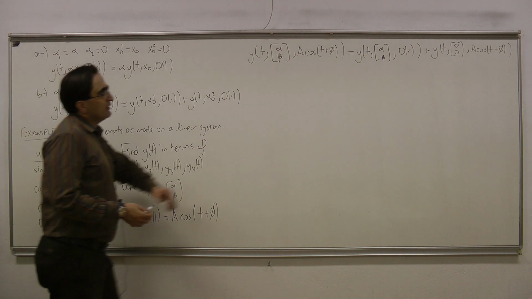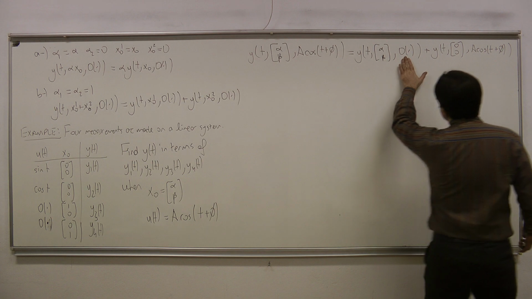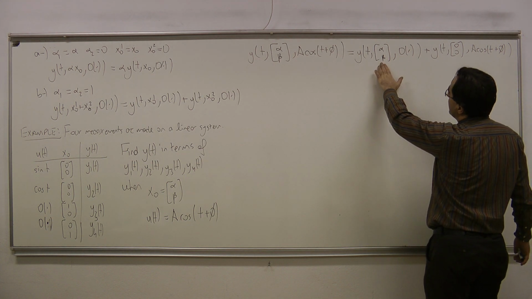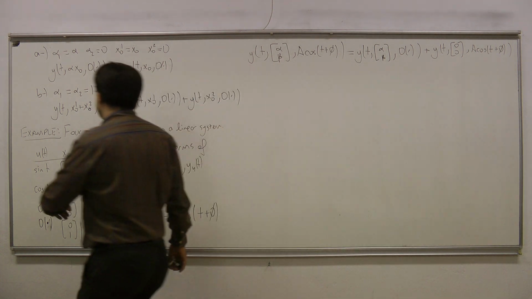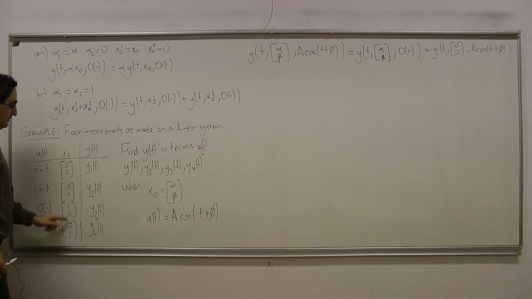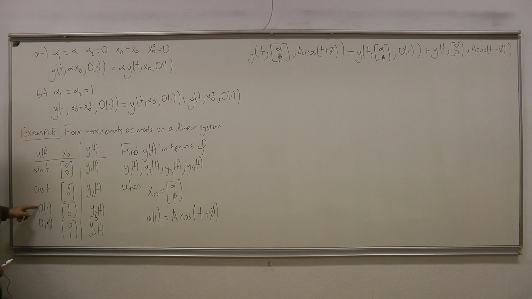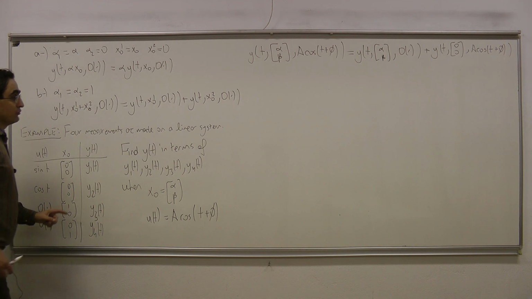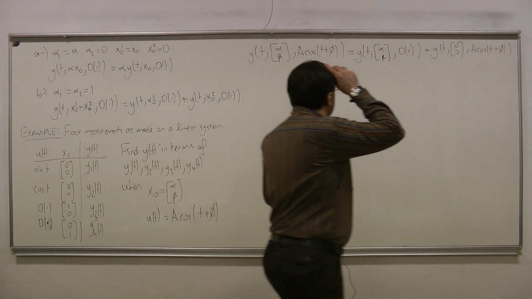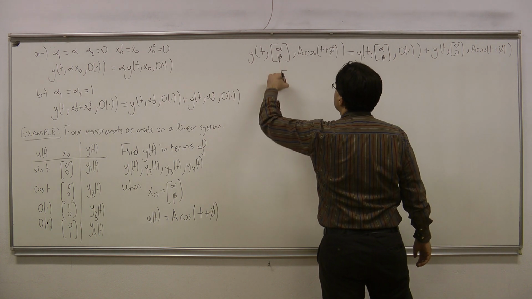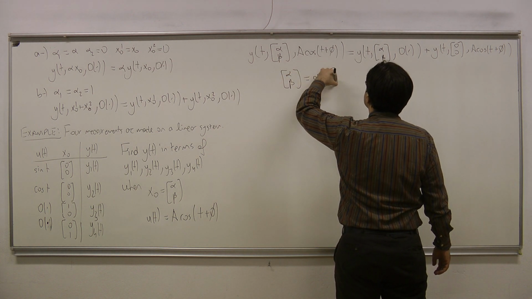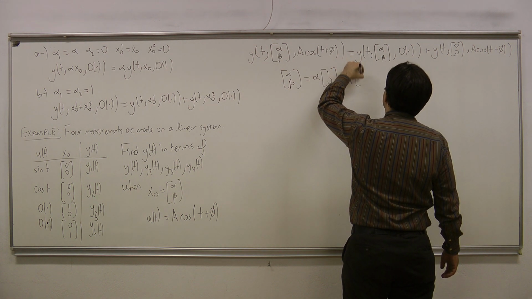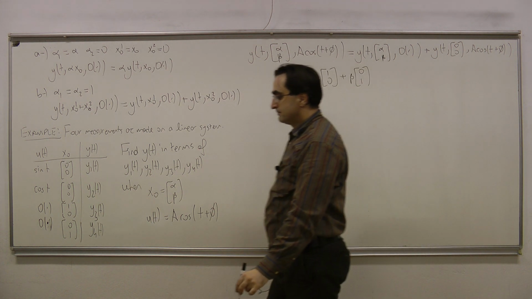In this output I have zero input, and this initial condition can be written as a linear combination of these initial conditions. So I can write alpha, beta is equal to alpha times 1, 0 plus beta times 0, 1.